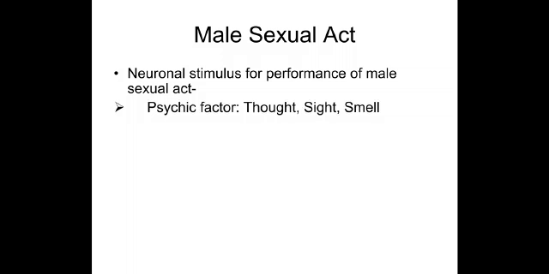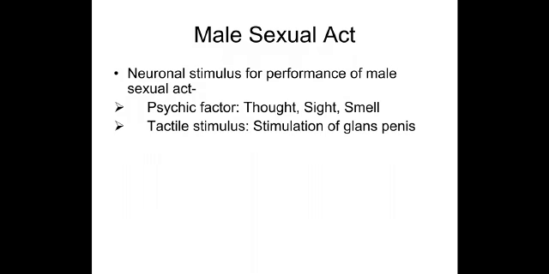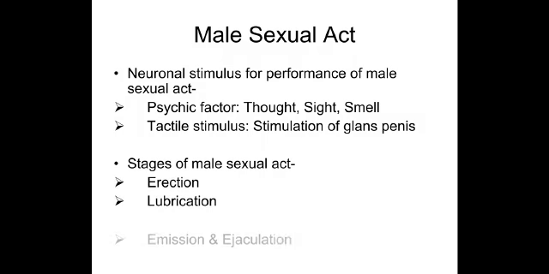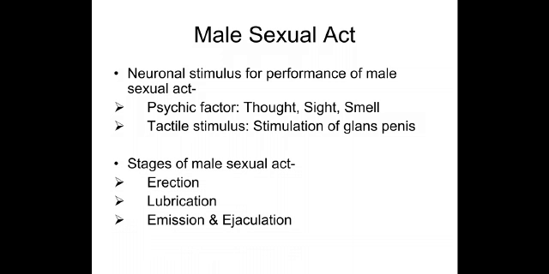So the thought, sight, and smell will arouse a male, along with tactile stimulus, which is stimulation of the glans penis. The stages of male sexual act are erection, lubrication, emission, and ejaculation.